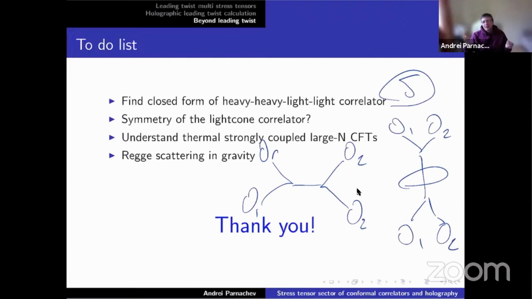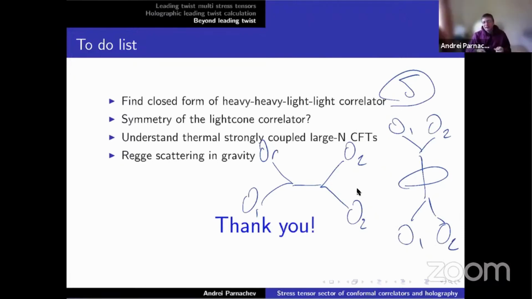So all the calculation is completely fixed by the stress tensor exchange, and there's basically nothing else to do. It works the usual way.